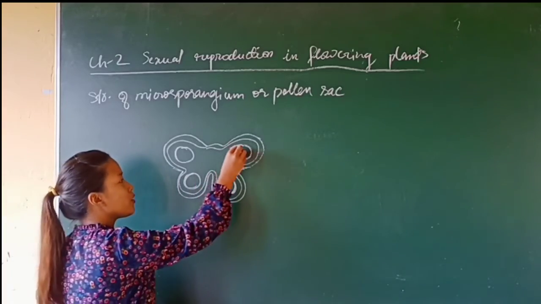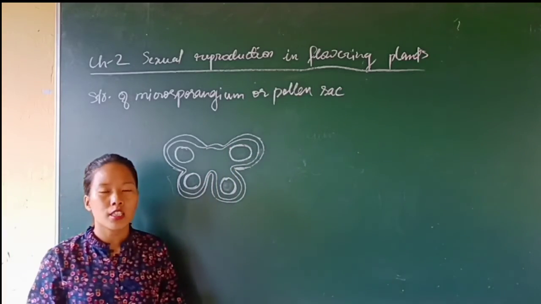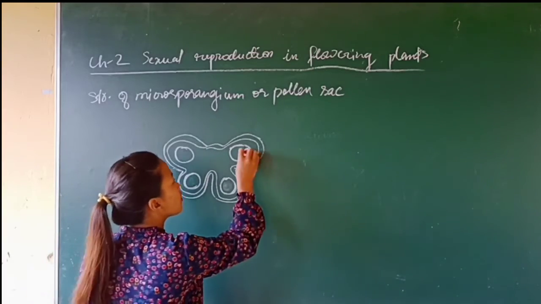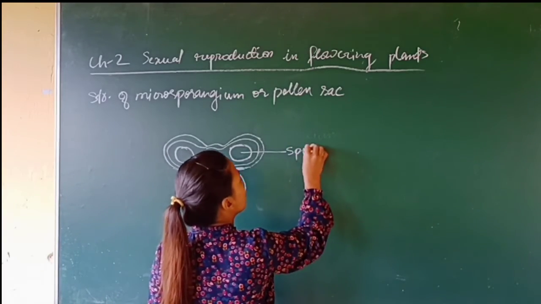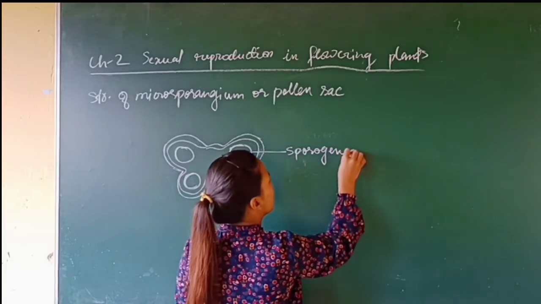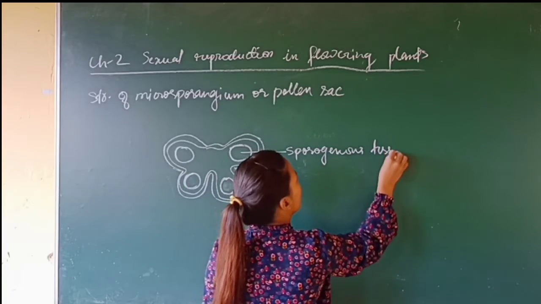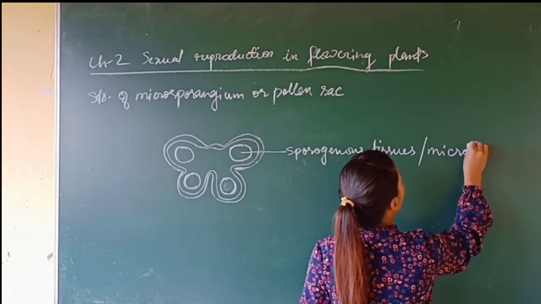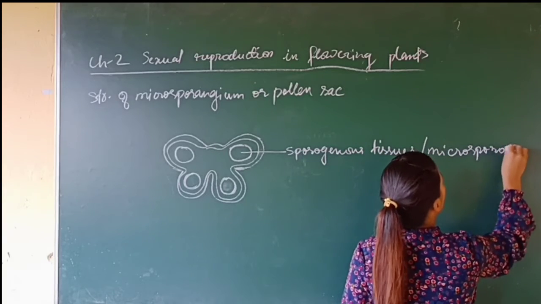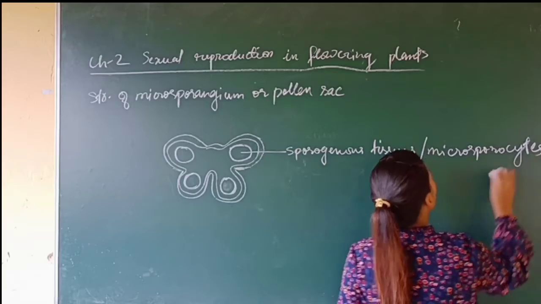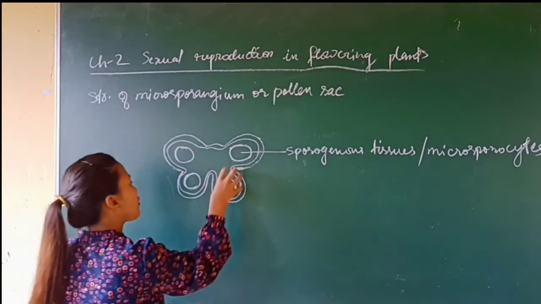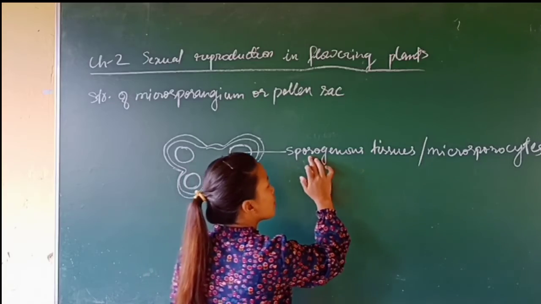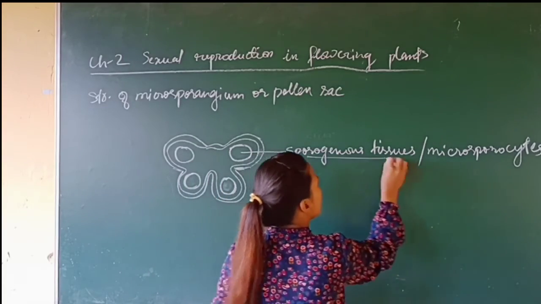The center of each pollen sac has compactly arranged homogeneous tissue called sporogenous tissue or microsporocytes. So in the center of each microsporangium, there is a dense homogeneous tissue called sporogenous tissue.